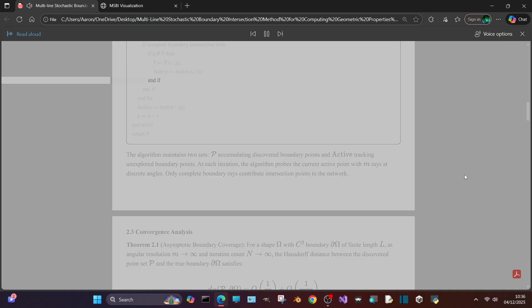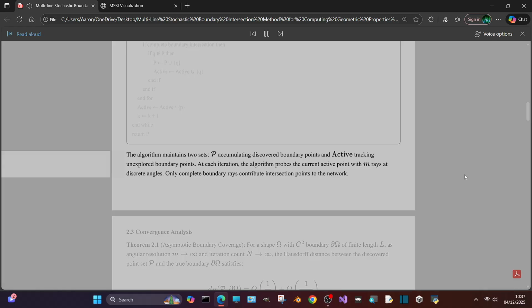End if, end for, end for. Active equals active minus {p}, k equals k plus 1. End while. Return P.